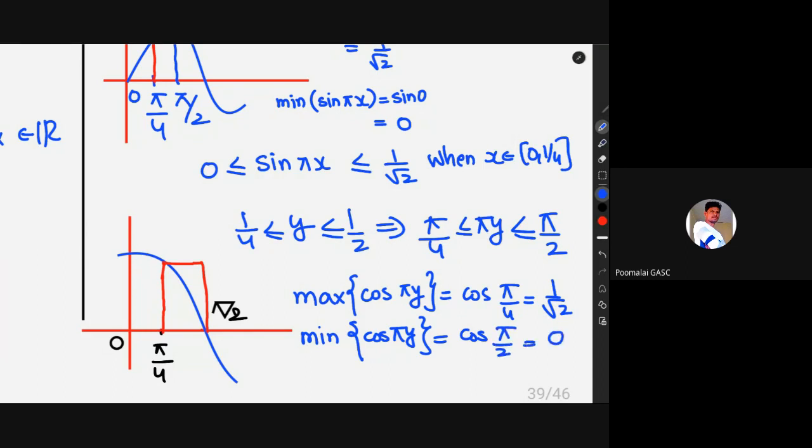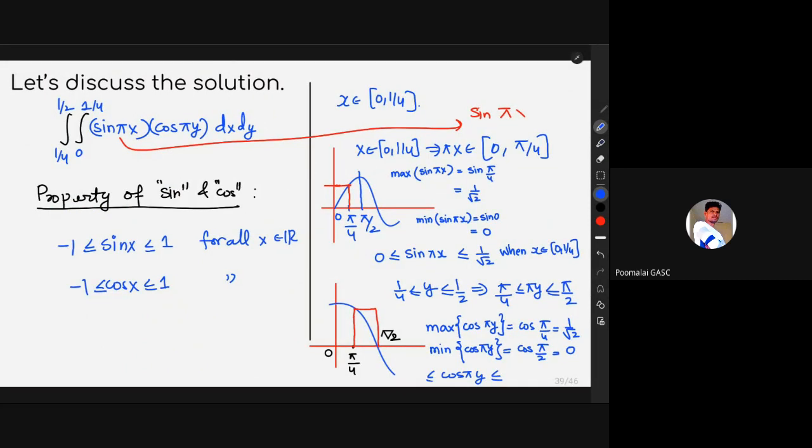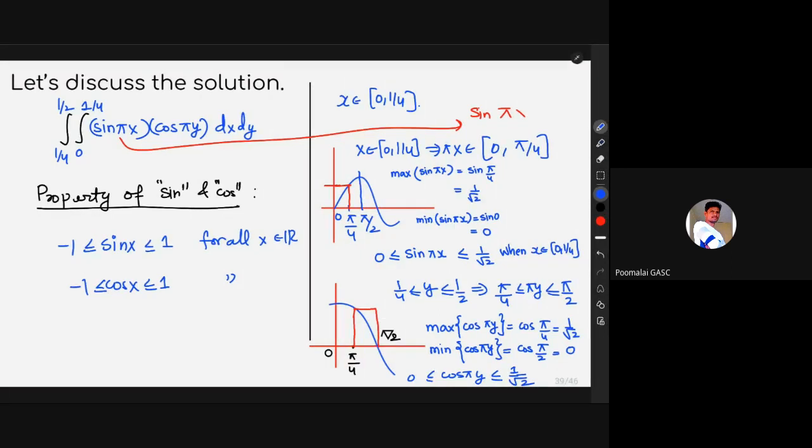So again, we can say that cos pi y is varying from 0 to 1 over square root of 2, and sine pi x is also varying from 0 to 1 over square root of 2. These bounds we will use to apply on this integral.